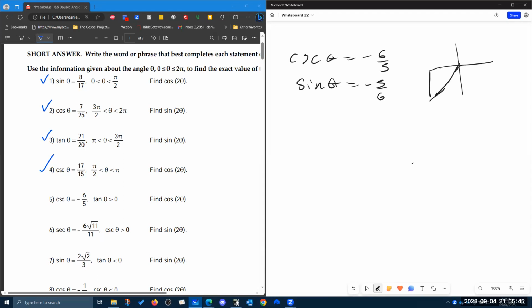With negative 5 for 6, 36 minus 25 is 11. So negative root 11. And here's my tangent.